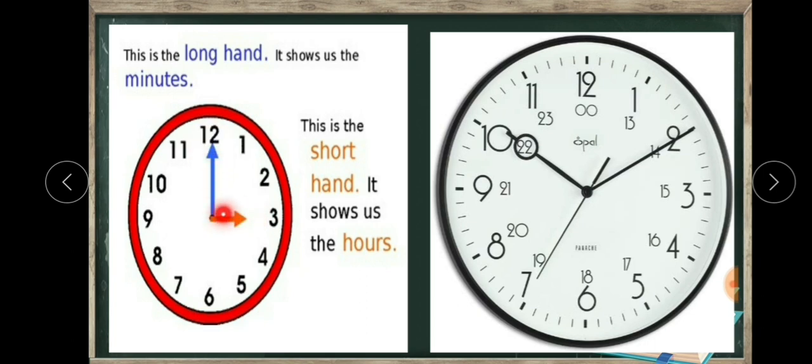And the short hand shows hours, it is called the hour hand. And this thin hand shows seconds, so we call this hand the second hand.